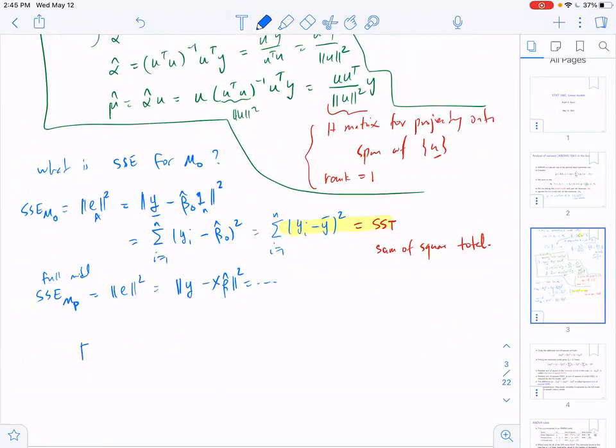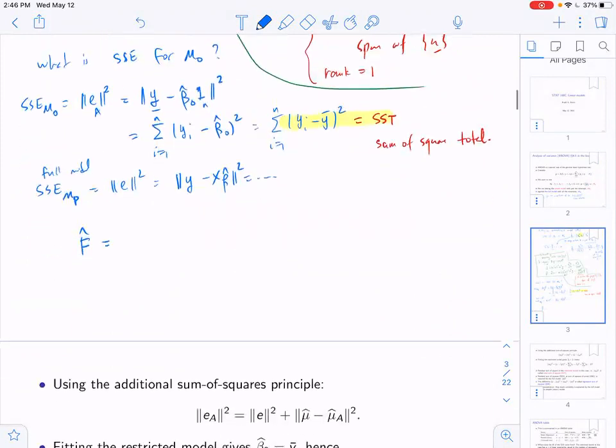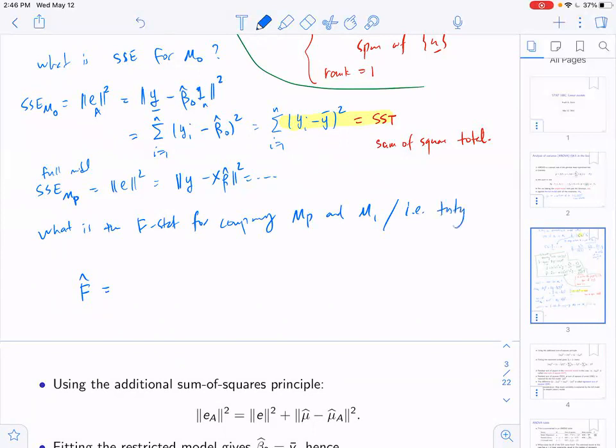And so how do we write the F statistic to do the hypothesis test? So what is the F statistic for comparing MP and M1, i.e. testing the null that beta 1 is equal to beta 2 is equal to beta p is equal to 0 in MP?